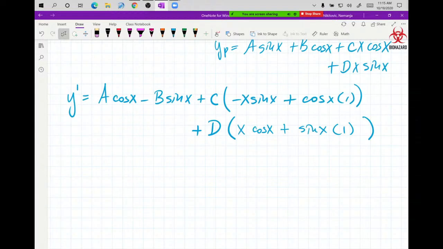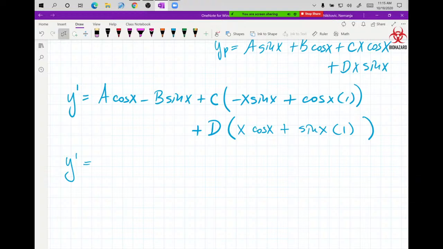It is good practice to simplify this. Now we are going to have more terms, and what you could do is distribute these c and d constants, so it's less mess. You do not have to factor cosine and sine.